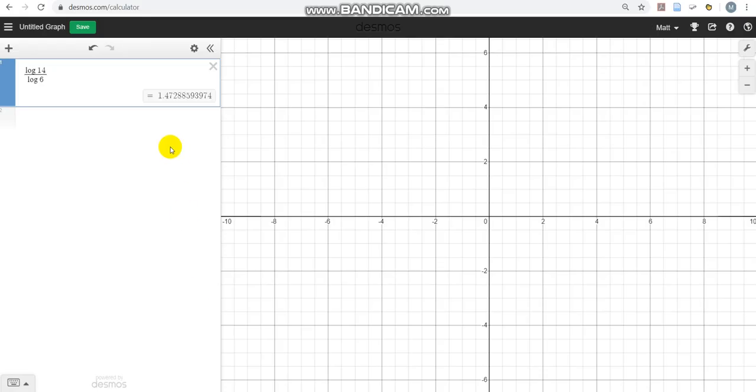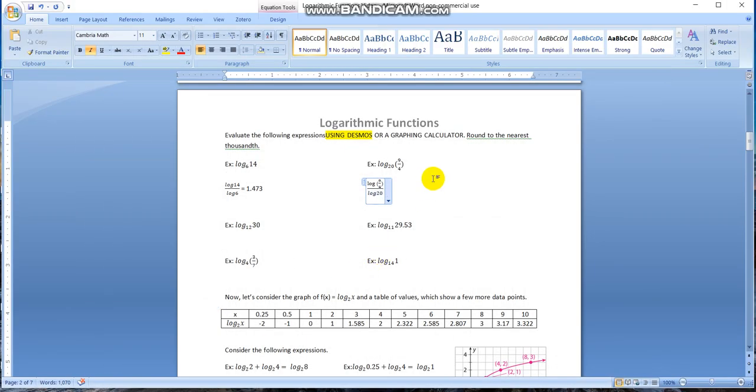If I type that into decimals, log of 9 divided by 4 divided by log of 20, I'm going to get 0.2707. So this would be the answer for this part, and this would be the answer for that part.